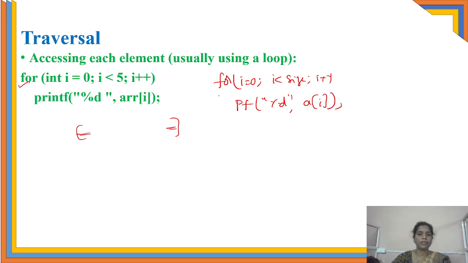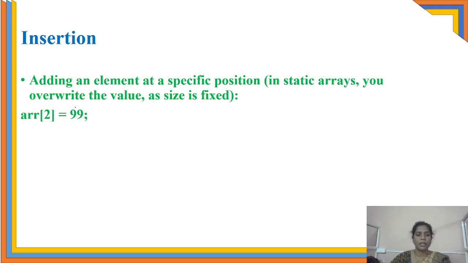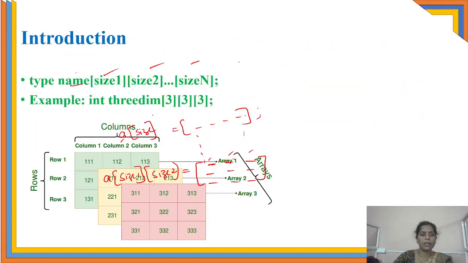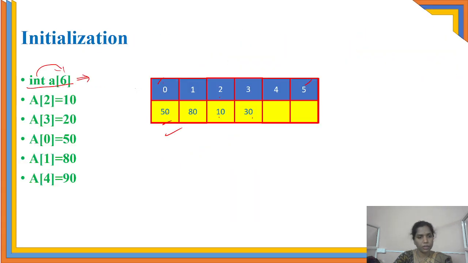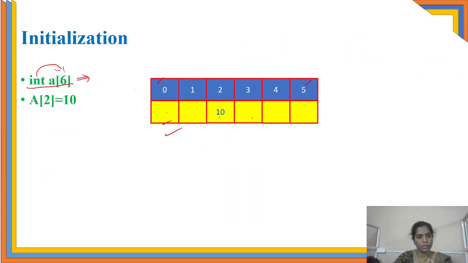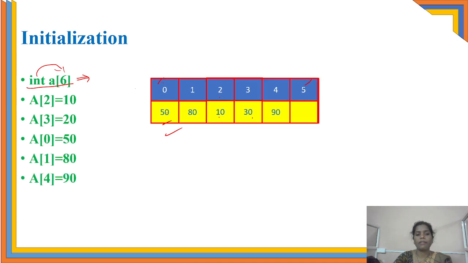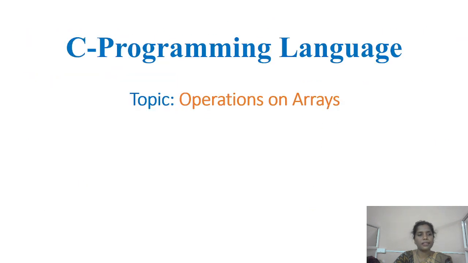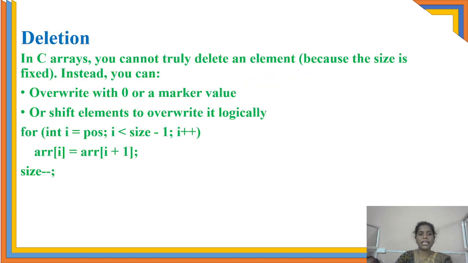This is traversing array elements. Next, insertion. If you want to insert an element, in the previous example we have seen, right? Here a of 2 is 10, next a of 3 is 20, like that we have inserted. That is called insertion.